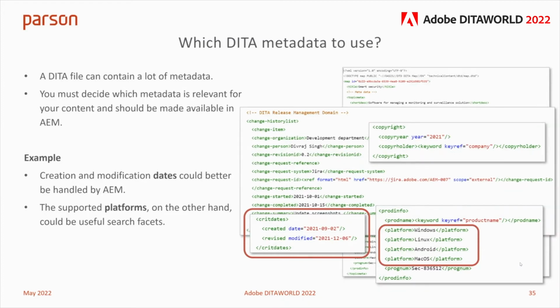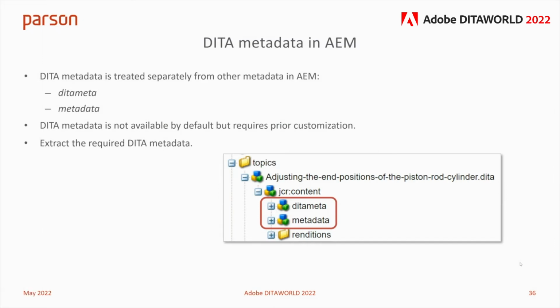When you look under the hood, you will notice that DITA metadata in AEM is stored and treated separately from other metadata in AEM. So each item in the AEM system has two nodes, one for DITA metadata and one for the other metadata information available in AEM.